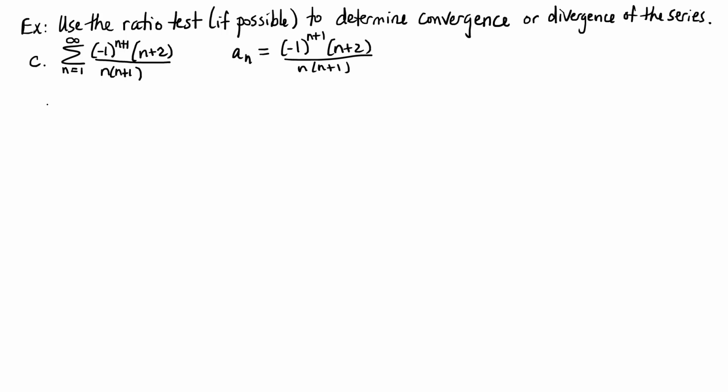And we want to look for the limit as n goes to infinity of the ratio a sub n+1 over a sub n. So what does a sub n+1 look like?